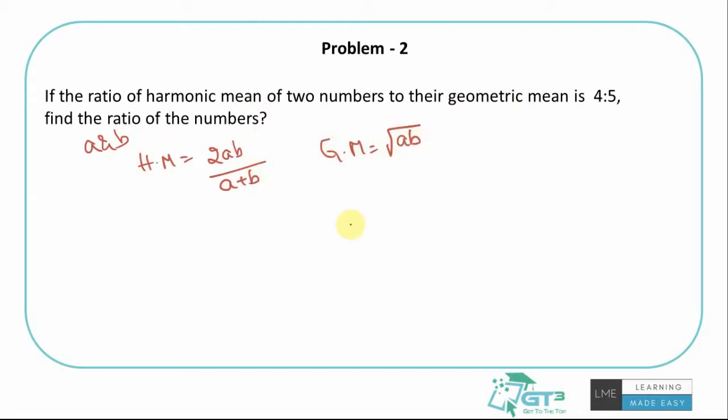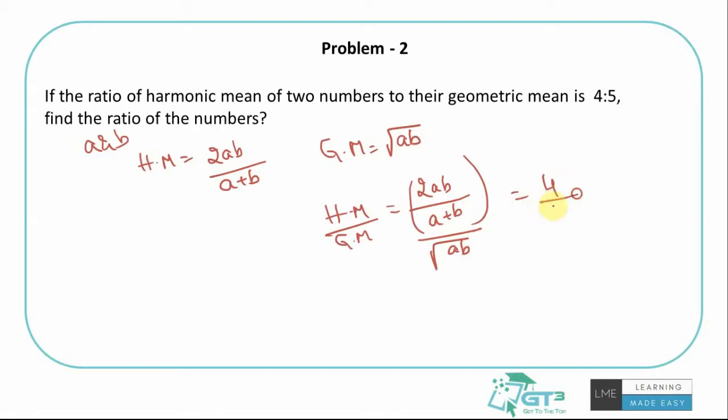The ratio HM by GM is 2AB by A plus B divided by square root of AB, which is given as 4 by 5. So this is written as 2AB by A plus B into 1 by square root AB, right, equals 4 by 5.